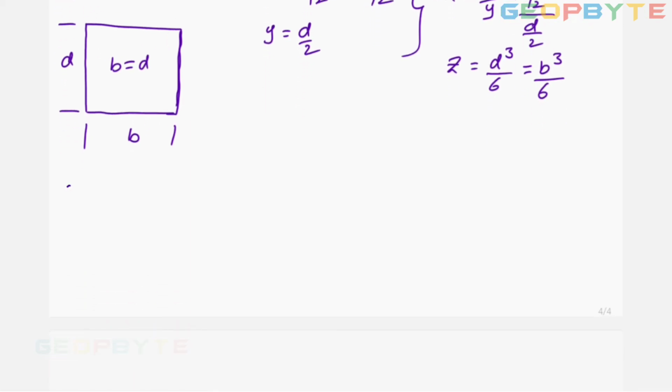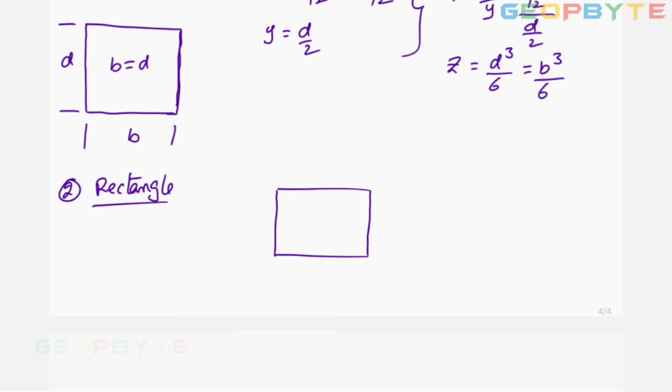Next, come to the rectangle. Breadth is b, depth is d. Here b is not equal to d. Then I equal to bd cube by 12. y equal to d by 2.